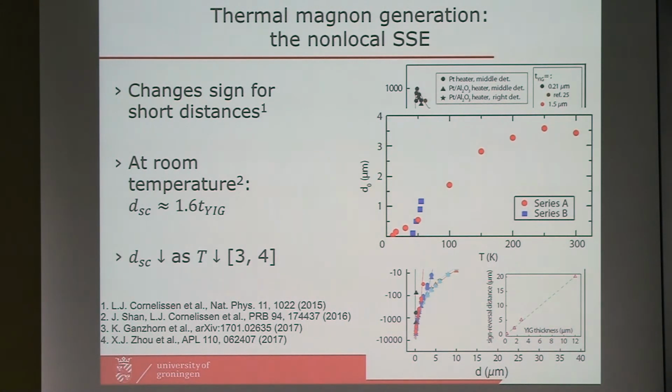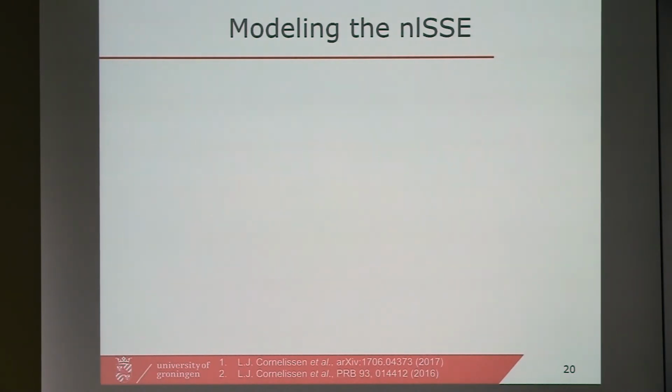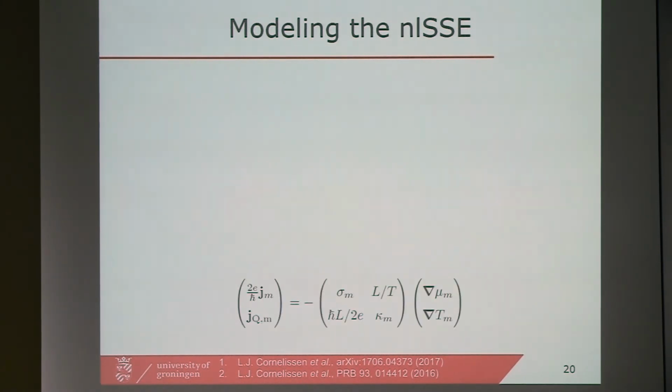So now to understand what's going on, we turned to numerical modeling. We wanted to build a finite element model of our devices in which we could also probe this effect of YIG film geometry. If we want to be able to play with the device parameters, we could see whether we can reproduce this kind of behavior of the non-local signal.